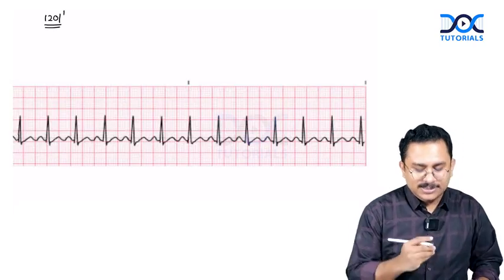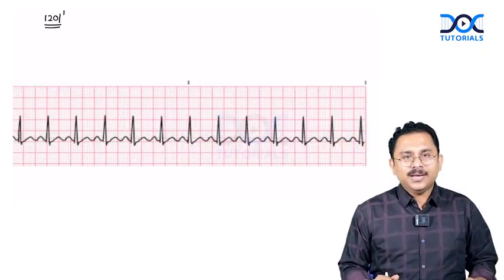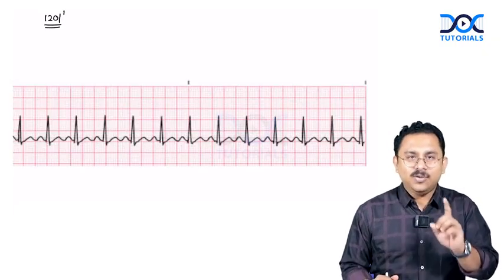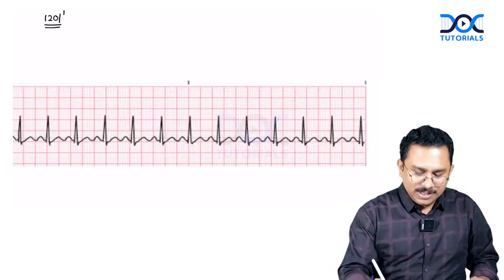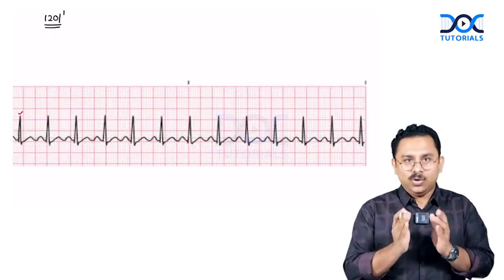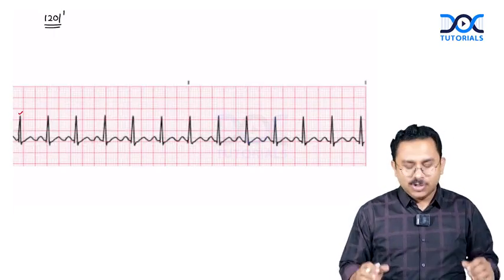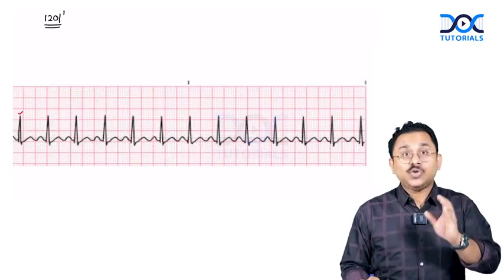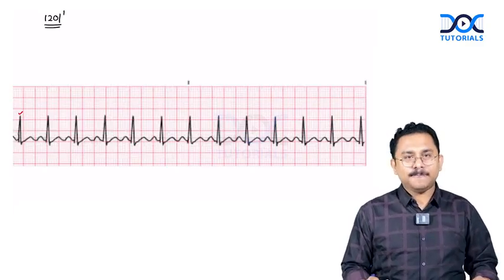So definitely there is a tachyarrhythmia. Now you have to decide, is it a narrow complex or broad complex? If you look at the ECG, the QRS is narrow. It is not more than 3 small squares. So you've got a supraventricular tachyarrhythmia here.